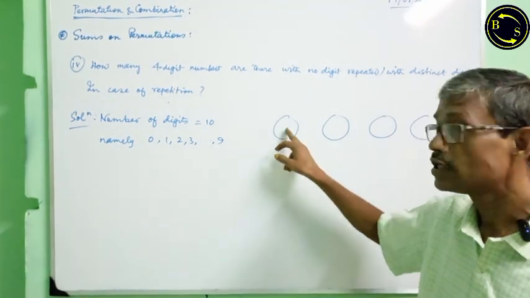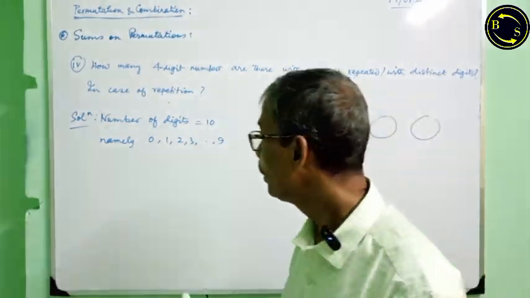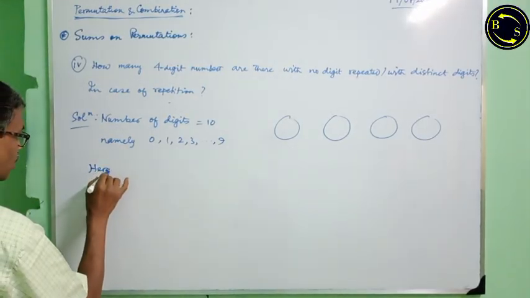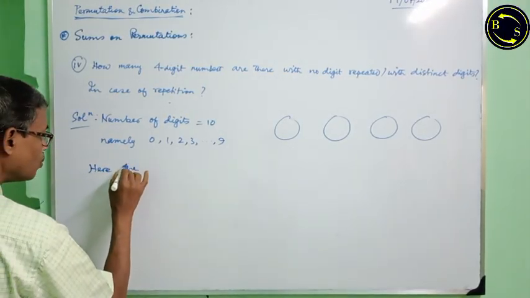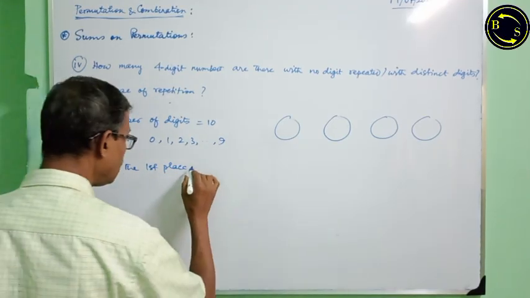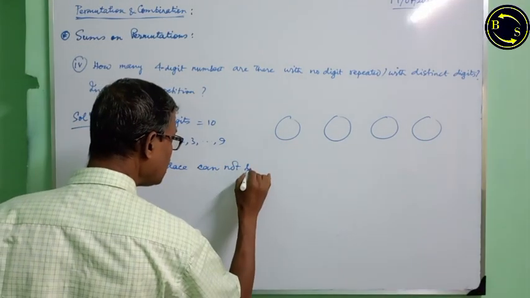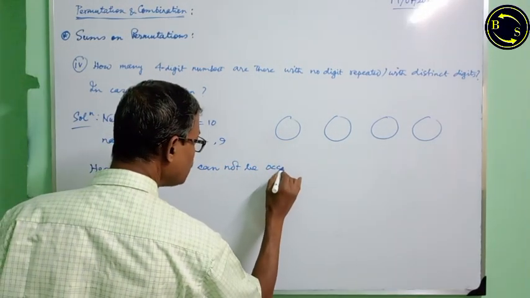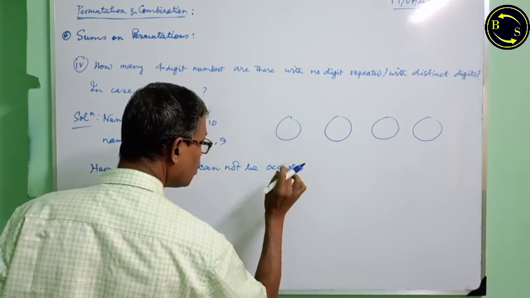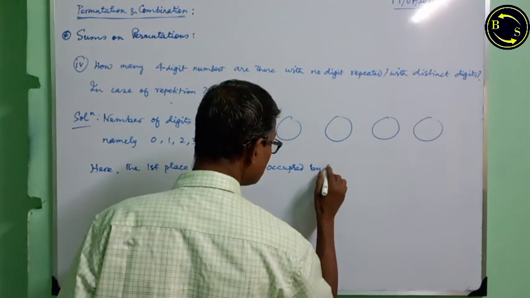That is why the first place cannot be occupied by 0. Here we mention that the first place cannot be occupied by 0.